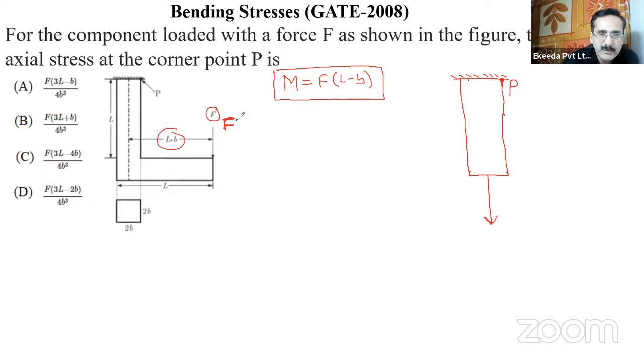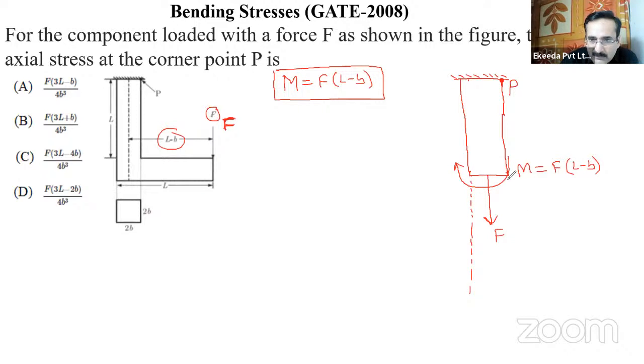This force is producing a direct stress F and a bending moment like this, M, which has a value of F into L minus b. Due to this bending moment at point P, there will be tensile stress due to this bending, right?